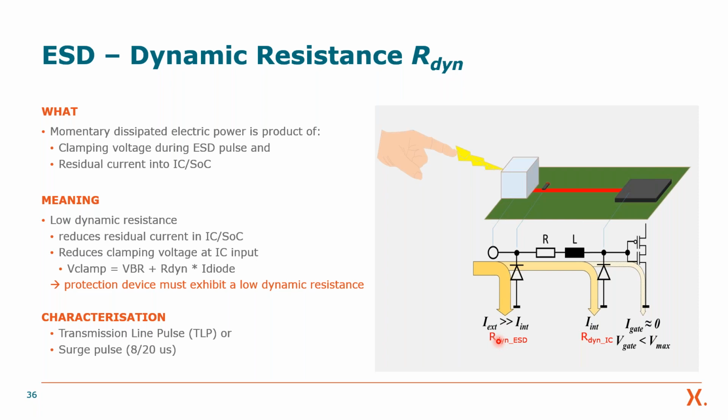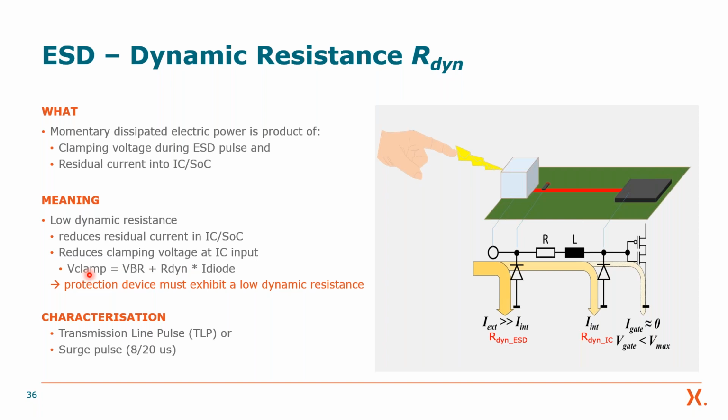So here the idea is that any voltage I see at this node, I should be able to calculate, at least in first order approximation, by knowing the breakdown voltage of the device and the current that is flowing through it. And then I have a certain resistance that links the current through the device with the, at the end, clamping voltage.